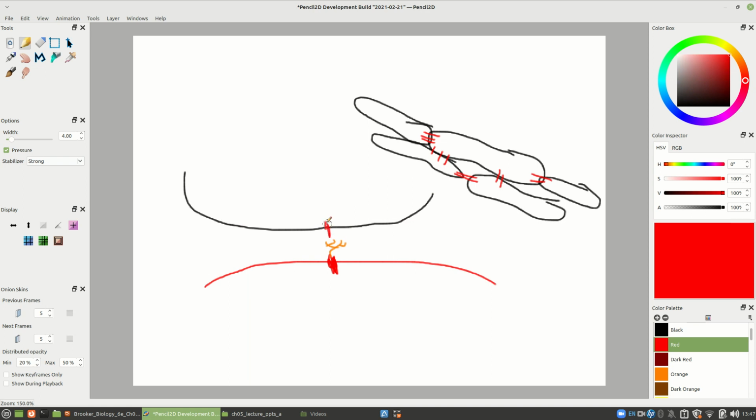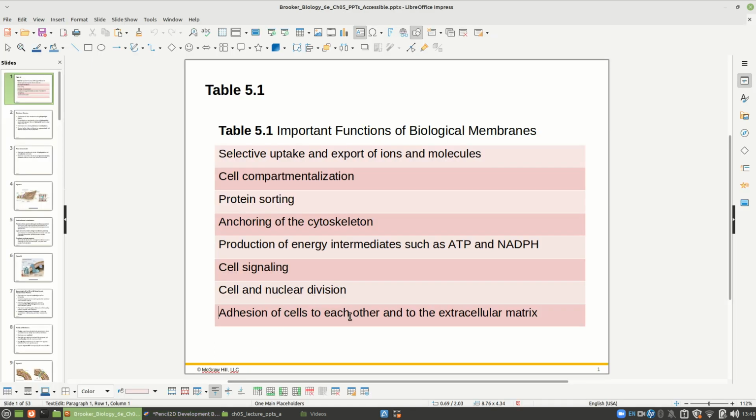It'll have a protein or a bunch of proteins, and also some little carbohydrates stuck out here that act like Velcro, and they come in and touch the other side, and essentially they stick. And so these can be held together. That gives you the idea behind adhesion of cells to each other.